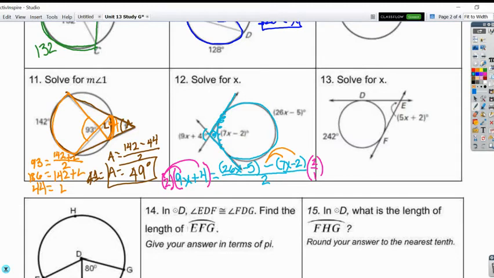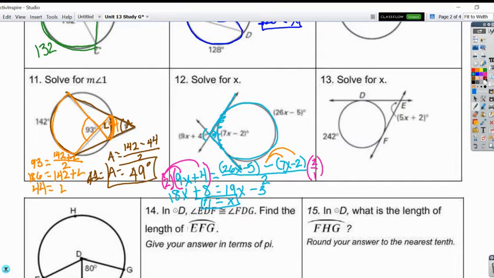So fantastic demonstration of our algebra skills here. 18x plus 8 is then going to be equal to, and after we distribute and combine terms, 19x minus 3 then. So I can subtract my 18x from both sides, add my 3 to both sides, and I'm talking about x is equal to 11 there.